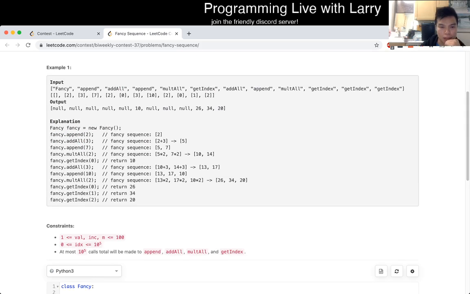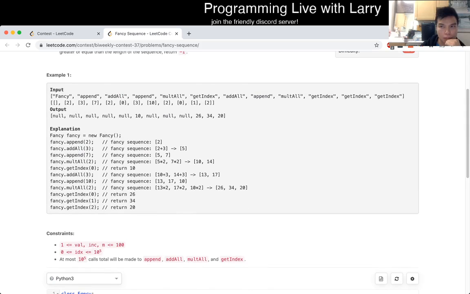Maybe that's not true. No, because you still have that n squared even.